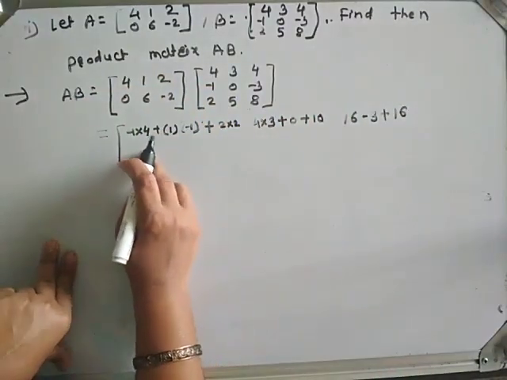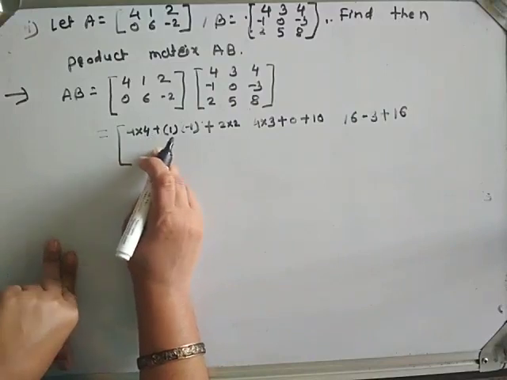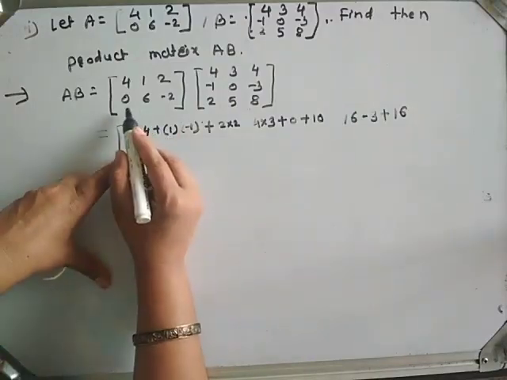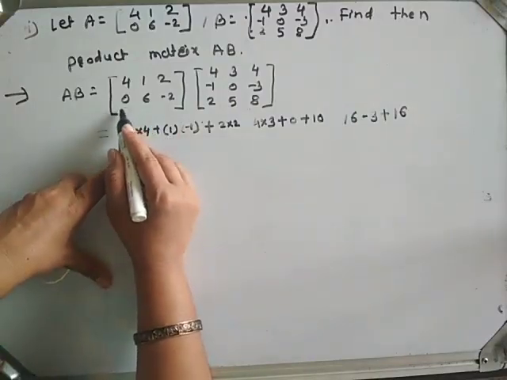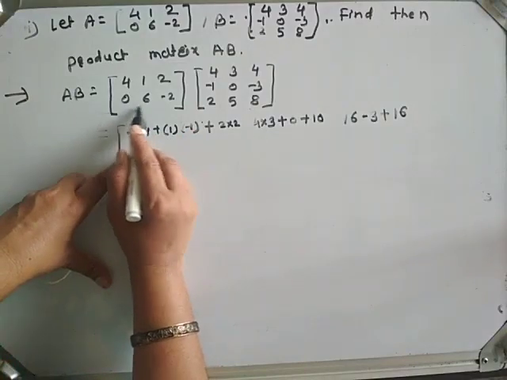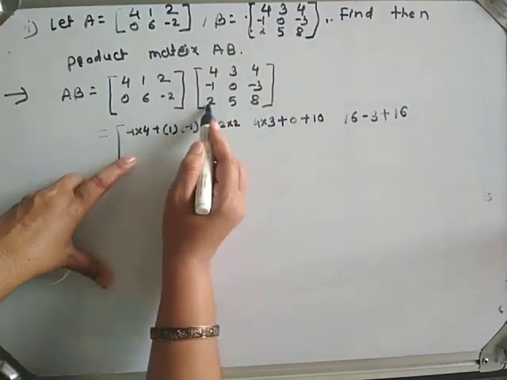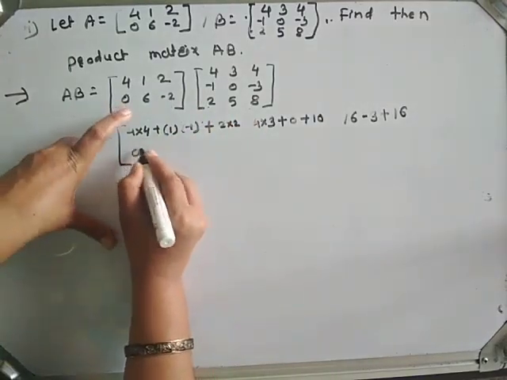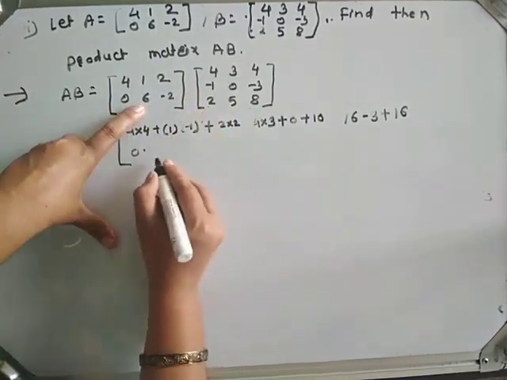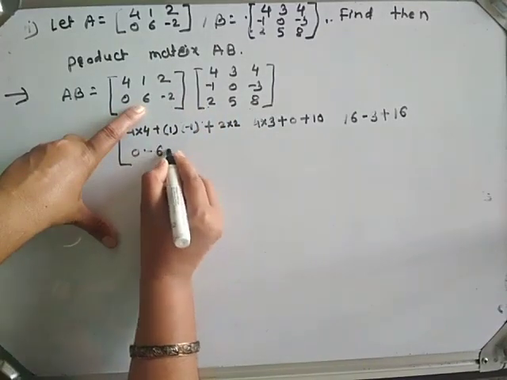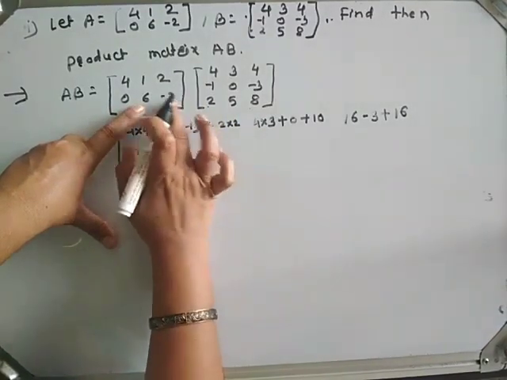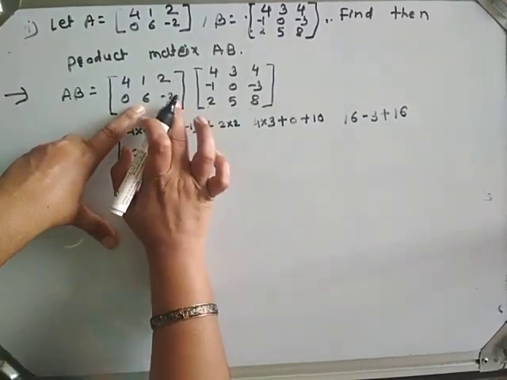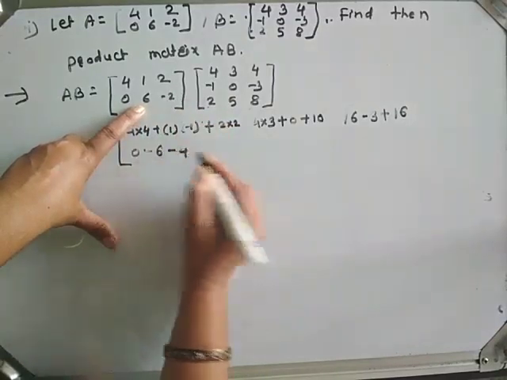Next entry is the 2/1 entry. For this we have to multiply the corresponding entries of the second row of A and the first column of B. 0 into 4, 0, 6 into minus 1, minus 6, minus 2 into 2, that means minus 4.